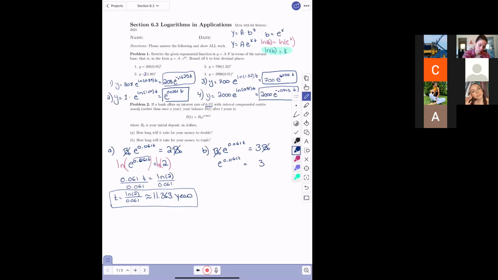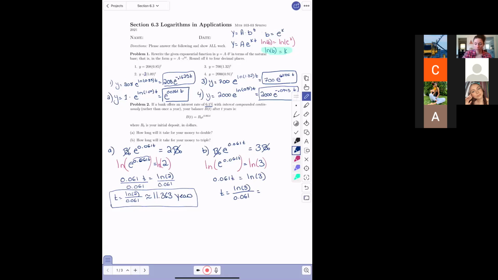Take the natural log of both sides. Good, we'll take the natural log of both sides. So on the left-hand side, we're left with 0.061 t equals the natural log of 3. So then when you divide both sides by 0.061, you're left with t equals ln of 3 divided by 0.061. Okay.